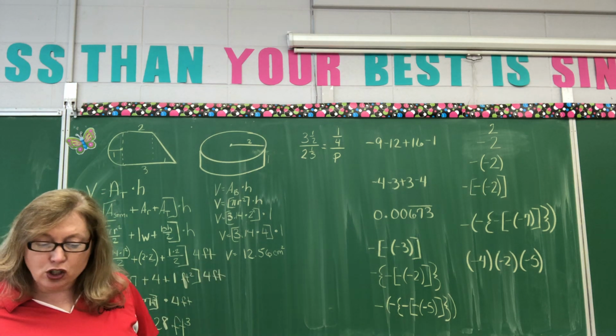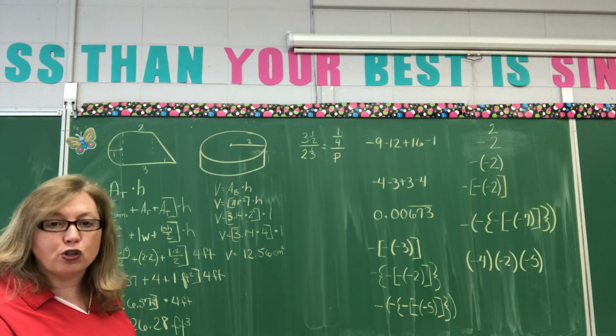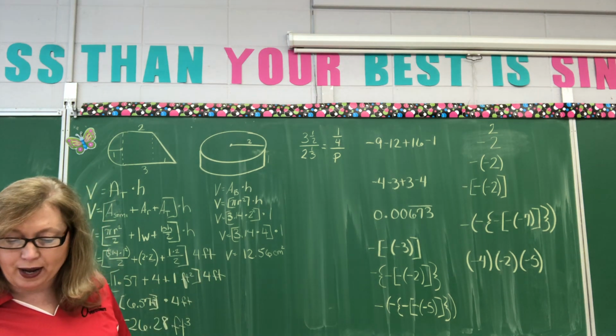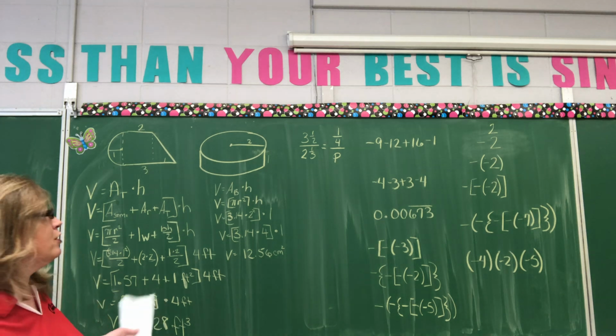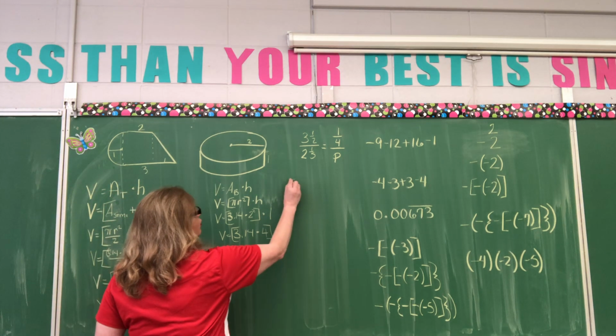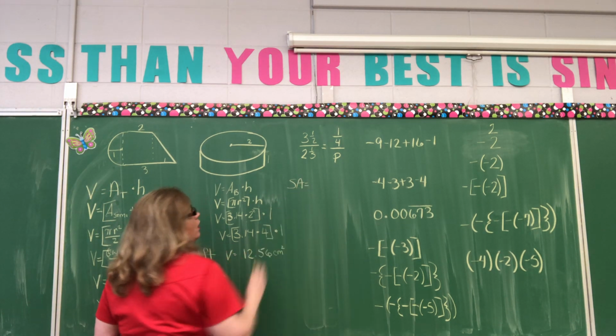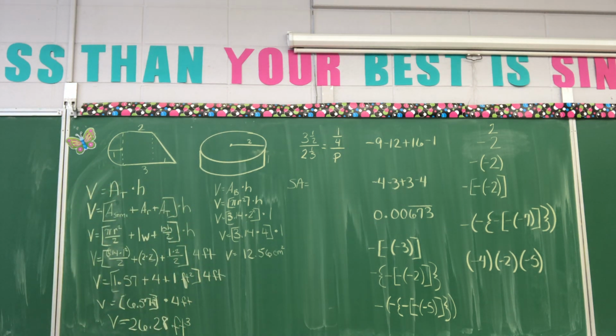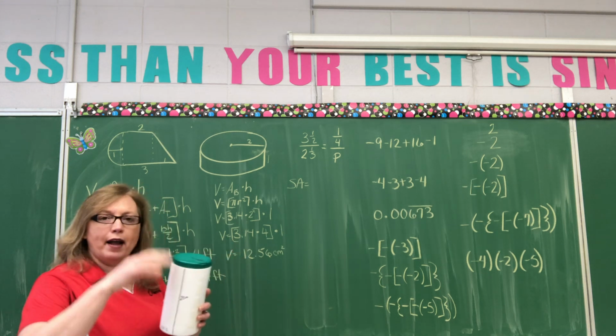Now, it also says to find the surface area of this cylinder, okay? So, in order to find the surface area, I'll write that over here. The surface area, let me grab my cylinder, okay? I know this is not the same height, but that's okay.